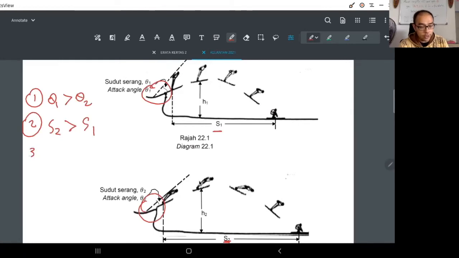Okay, number 3, H2 is bigger than H1. Okay, compare, very, very easy. But remember to write your answers in full sentence. Okay, I'm just giving you the short version of the answers. In the exam, make sure you write a full sentence.